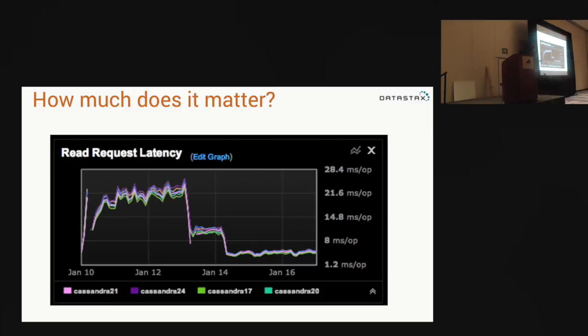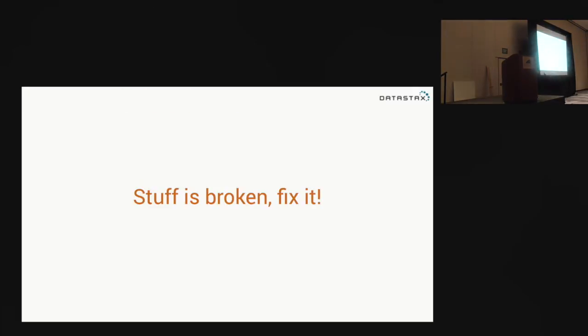We were on solid-state drives, and we're like, why is this taking 20 milliseconds? Nothing takes 20 milliseconds on a solid-state drive. And then we tuned it, and now it's like 4 milliseconds. That's not so bad. So that's kind of nice. It's almost an order of magnitude performance improvement just from tweaking 2 parameters in the JVM.